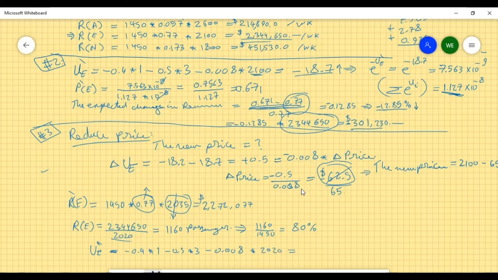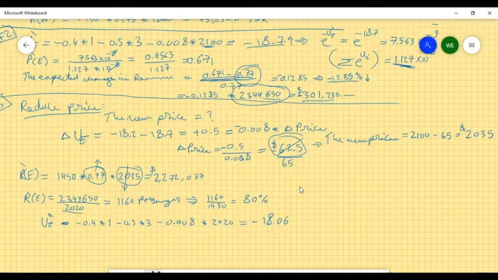That will yield the following: 0.4 multiplied by 1. That will give us minus 18.06. Let's see how this will be reflected in the market share. So this will give us the negative exponent of minus U_E double dash.